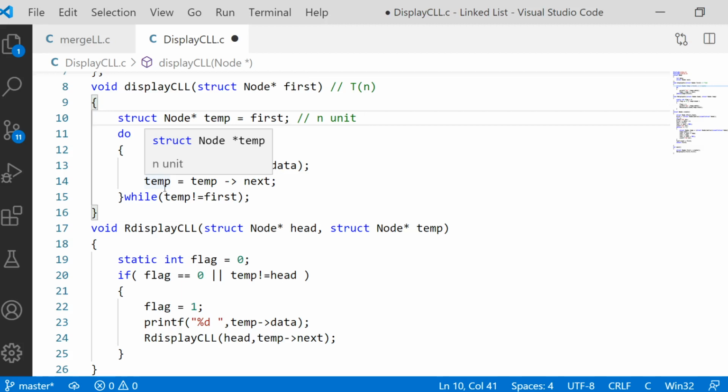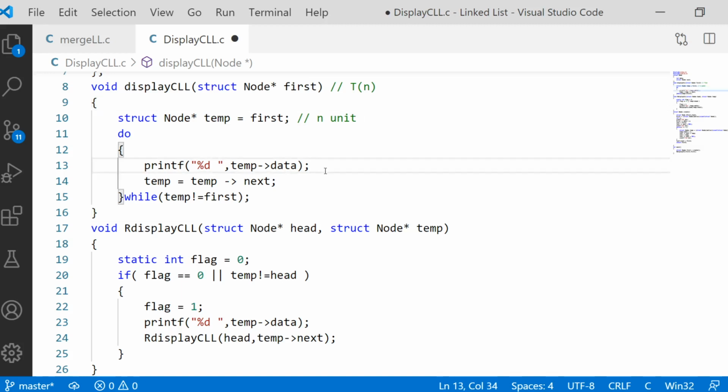First node executed, second node, third node, fourth node, fifth node executed, but again from the fifth node it will come back to the first node because it is a circular linked list. The sixth time, when it is again coming to the first node, the condition fails and it will not enter again. So 5 nodes given, 5 times it will enter the do block. So n nodes given, n times it will enter inside.